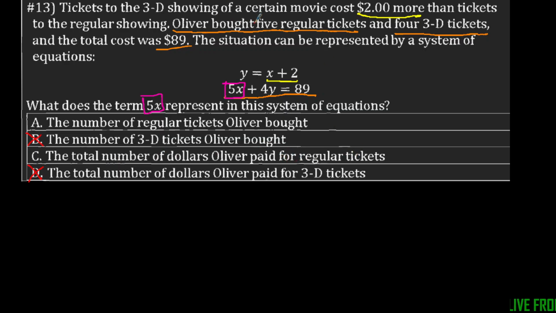Well, since he bought 5 of them, and our price, again, this is the cost, we're saying that it is going to be C for that one because, again, the number of regular tickets is actually just x, but since we're looking at the entire term of 5x, we have to make sure that it's going to be the total number of dollars that Oliver paid.